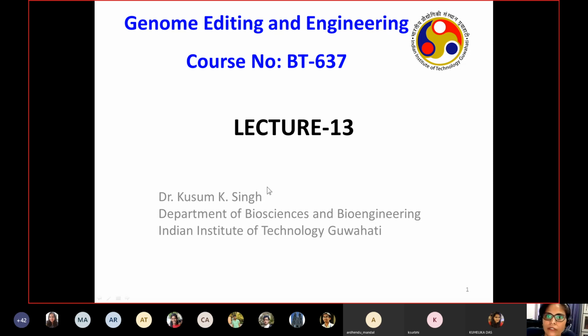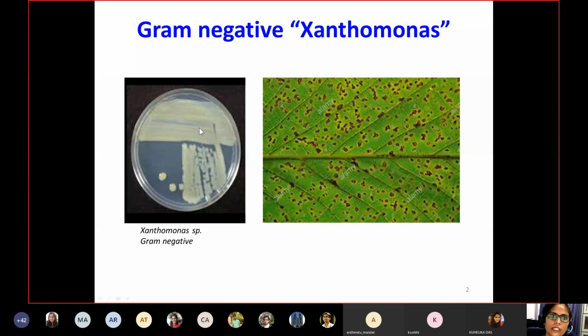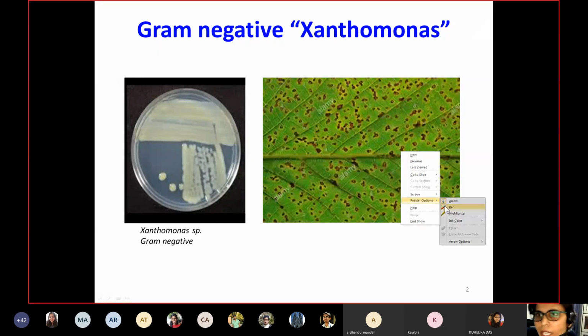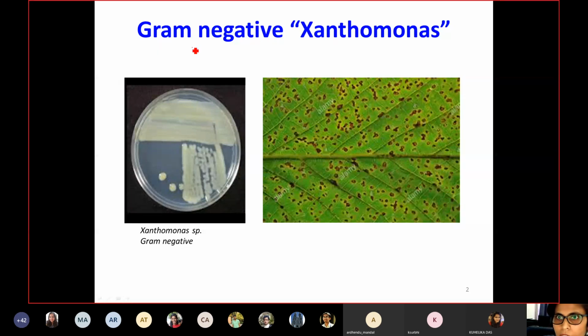So specifically, in today's lecture, we are moving into the transcription activator like effectors. So this is named as TALE, for transcription activator like effectors, and I will come to it later.